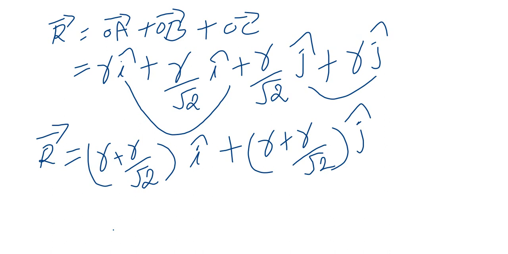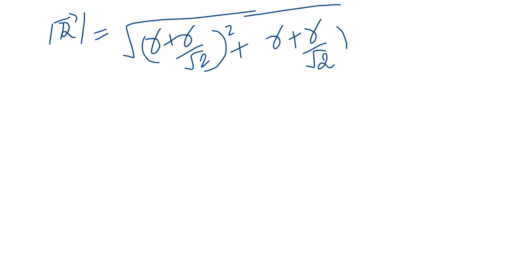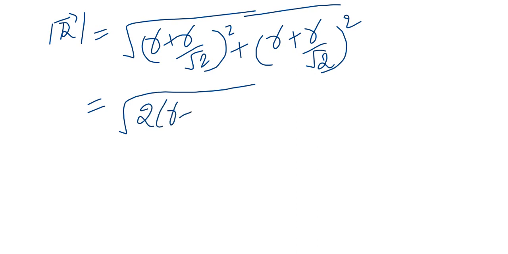Now calculate its magnitude. Modulus of R bar is root over R plus R by root 2 whole square plus R plus R by root 2 whole square. So root over 2 into R plus R by root 2 whole square.